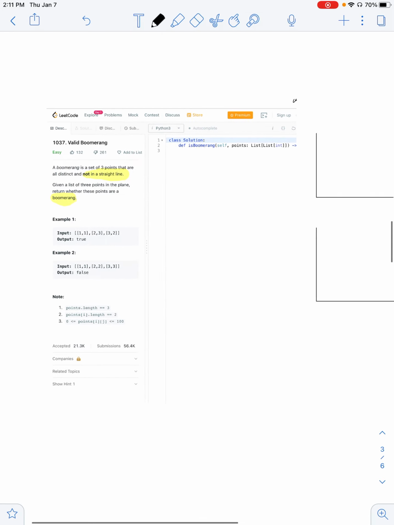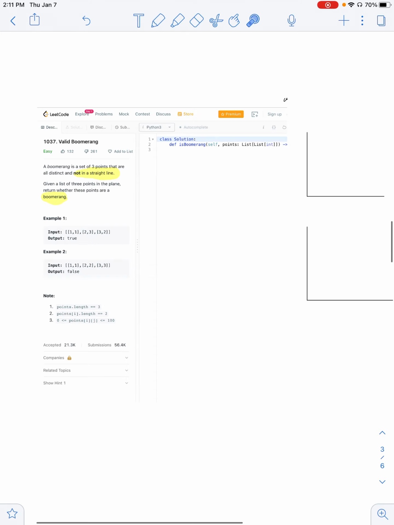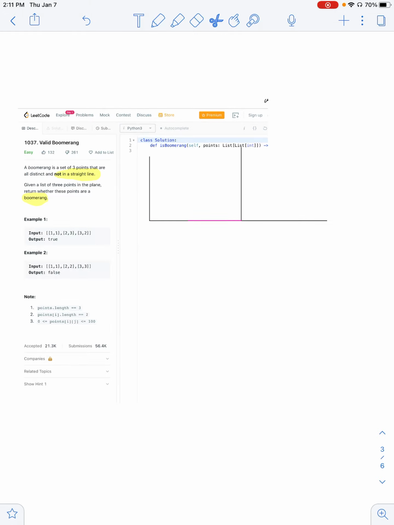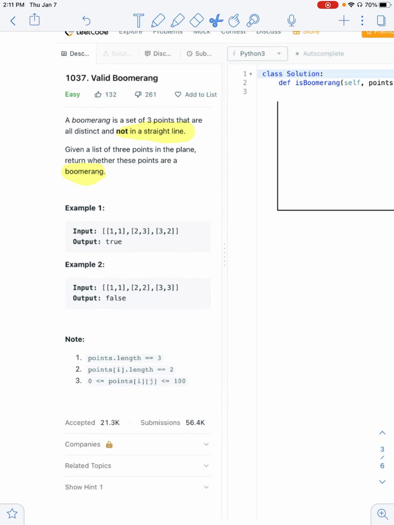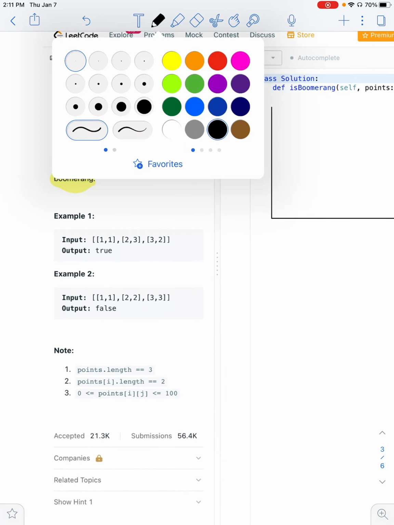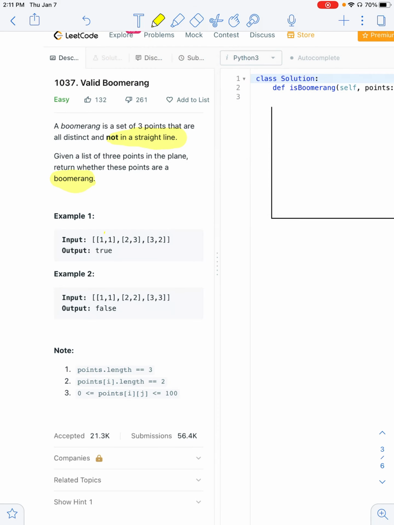So in example 1, we are given the points (1, 1), (2, 3), and (3, 2). Let's graph this; that'll probably give us a good example. Let's use different colors just to make it clearer. Let's do red.